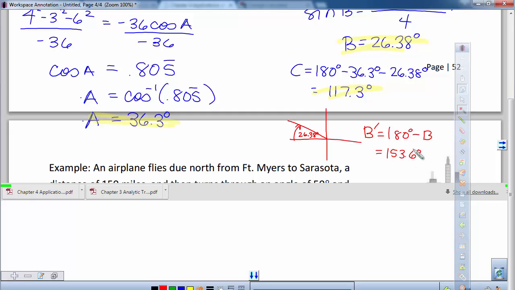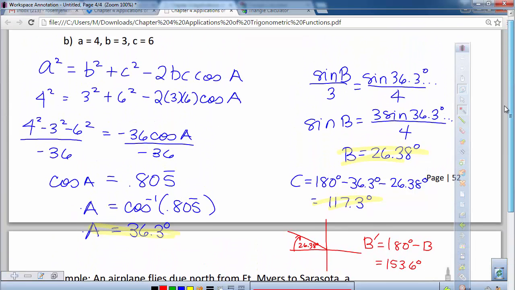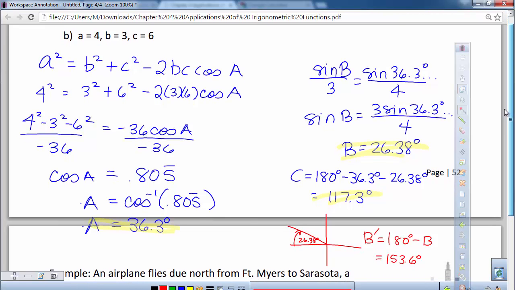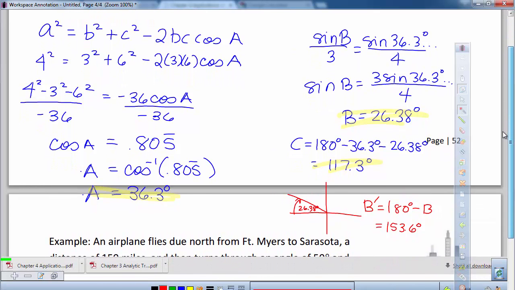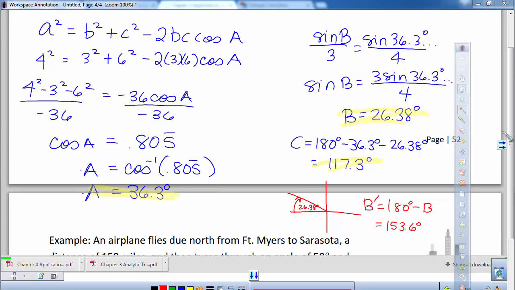Okay, so B prime would be 153.6 degrees, but I think we already know that that doesn't make sense for two reasons. One, that angle would end up being larger than angle C, and that's not going to work. Also, when we look at all of the angles together, we've got too much. We already know that A, this isn't going to change, A has to be 36.3 degrees.